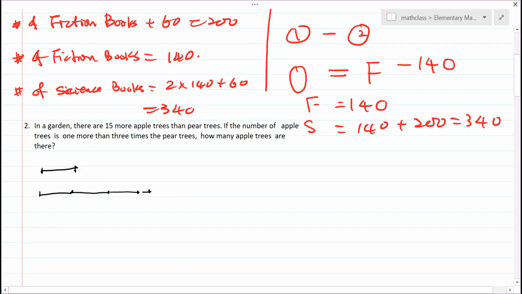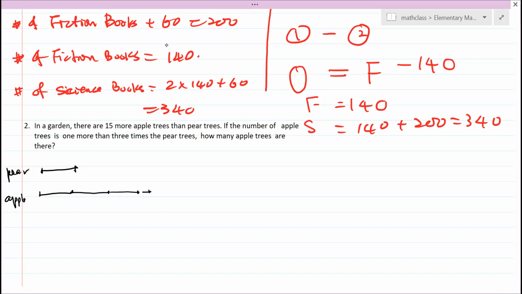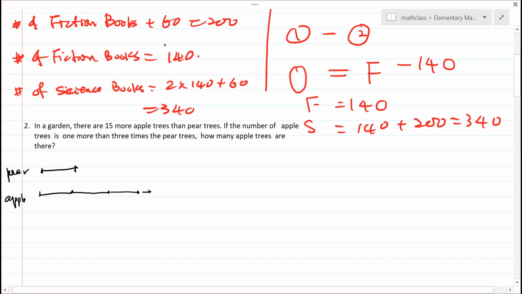All right, so we're going to compare. This is an apple. This is a pear. Let's look at the first sentence. Let's look at the second one.